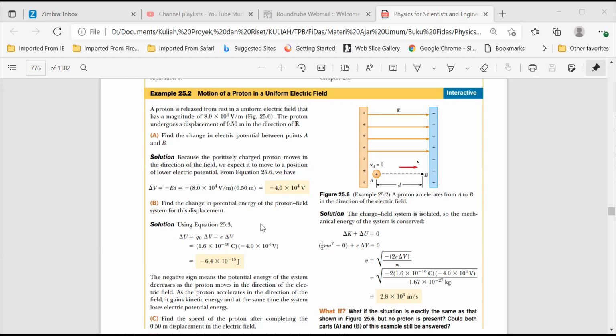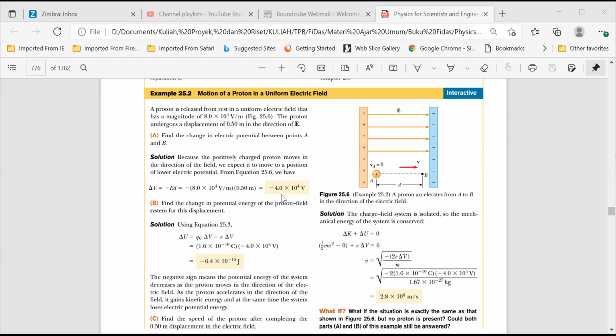So delta V, the potential difference, equals minus E times D. So this should be minus 8 times 10 to the 4 times 0.5.